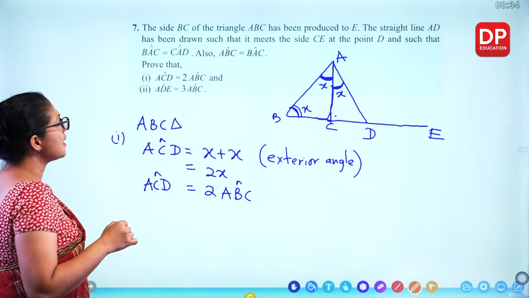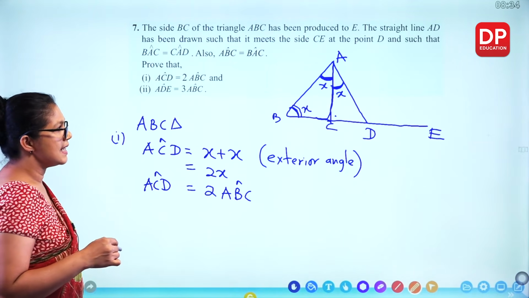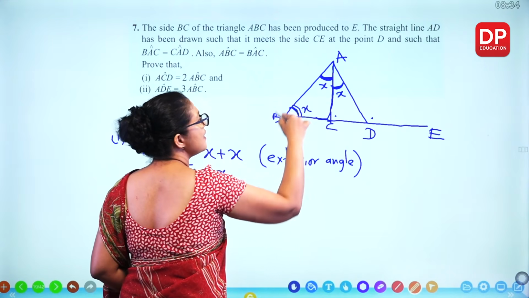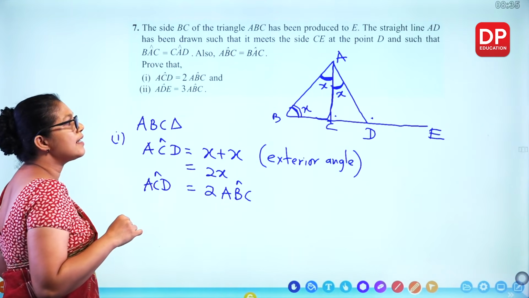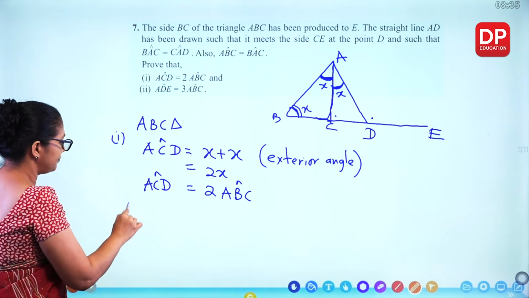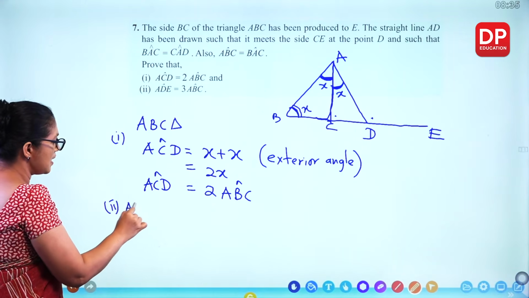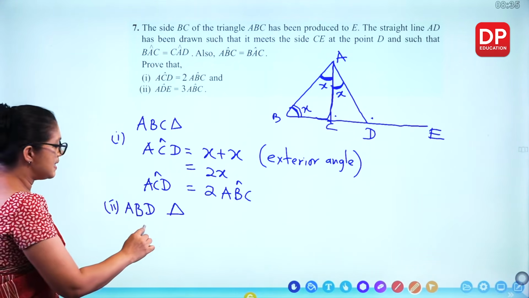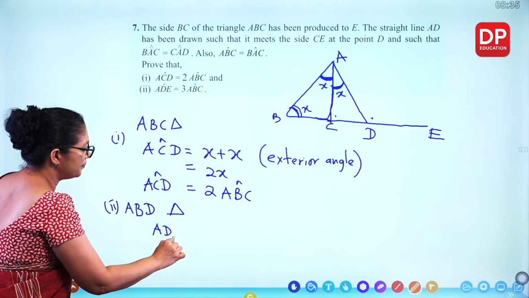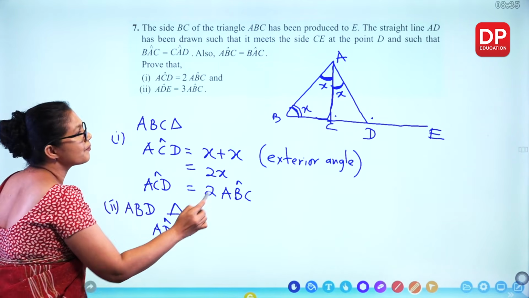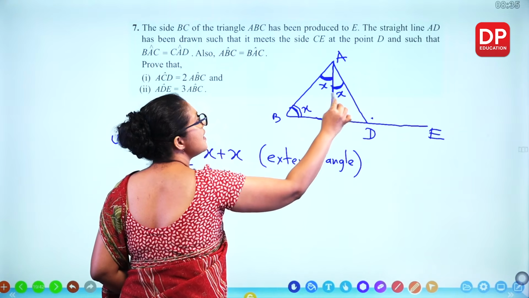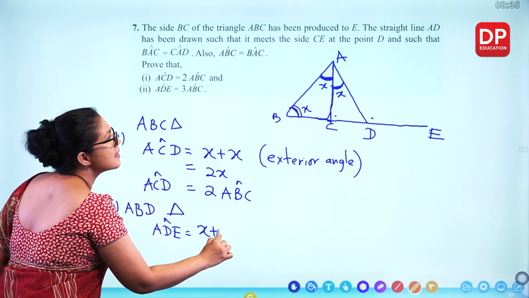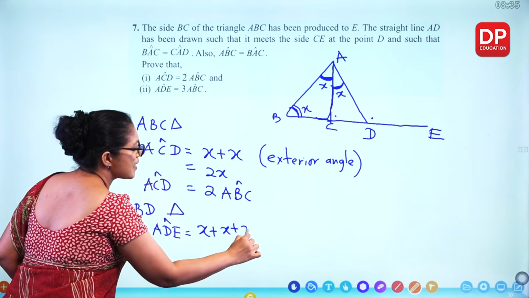Now look at the second part. We want ADE, this angle. So what can you say about this angle? When you look at the big triangle ABD, what can I say? ADE is equal to this angle plus this, so I can write x plus x plus x.